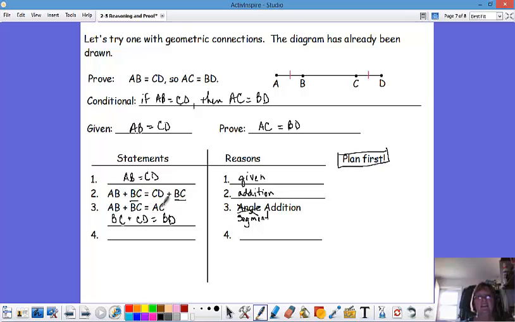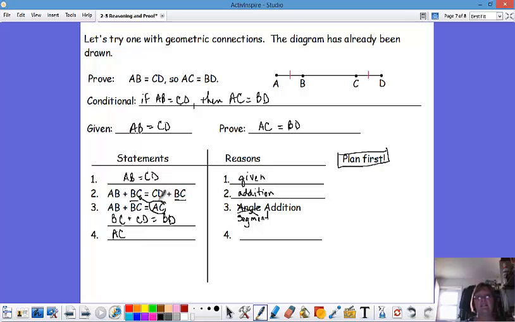And we said that AC had that same value. We could replace that AB plus BC with that AC. Because they have the same value, our statement says it. Folks, we're substituting this AC in place of that side of the equation.